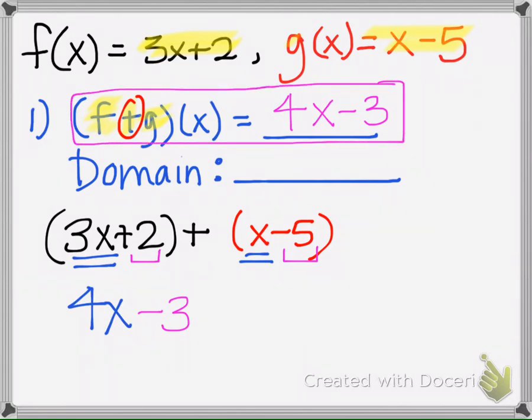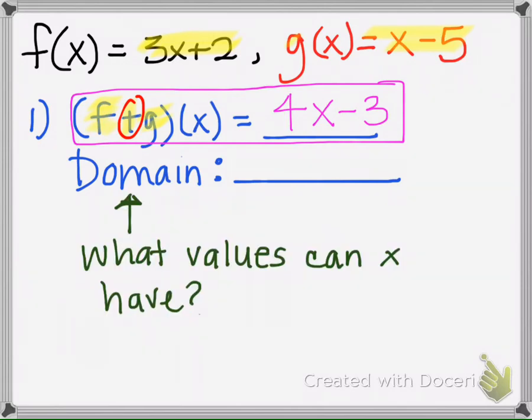Then we are asked what the domain is. So remember what domain is. It's asking us what values can x have. So if we look at our function right here, I have to think about what numbers can I plug in for x here, multiply it by 4, and subtract 3 from.